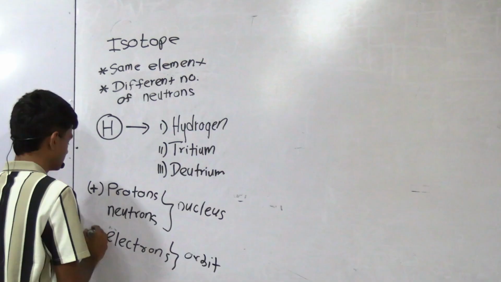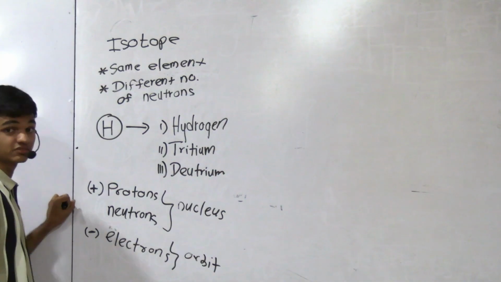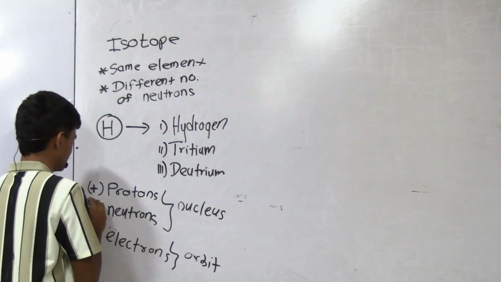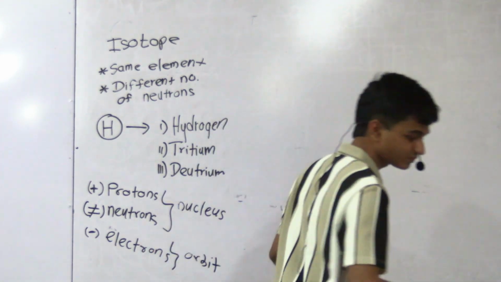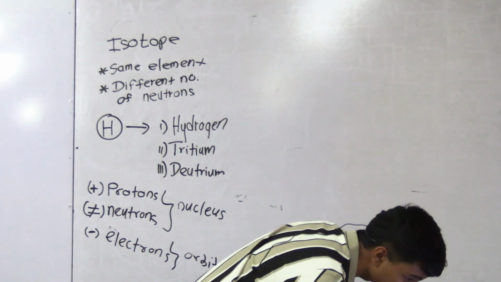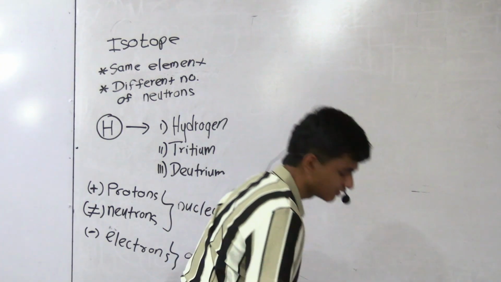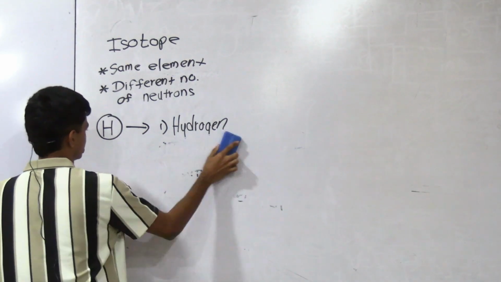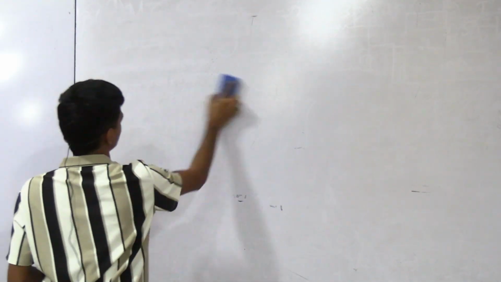Then we have electrons, which are negatively charged. Then what about neutrons? Neutrons don't have a charge, so no charge, I guess. You guys should know about this. Okay, moving on. By the way, the answer to that question is answer number 1. You guys should read about these. These are normal points that will be asked in your paper. It's mostly remembering stuff.